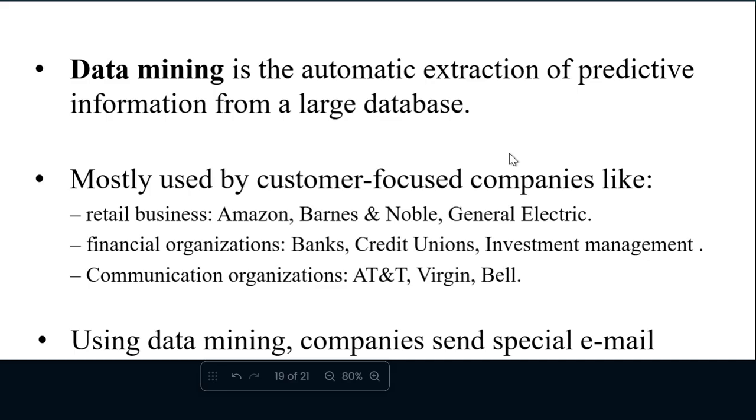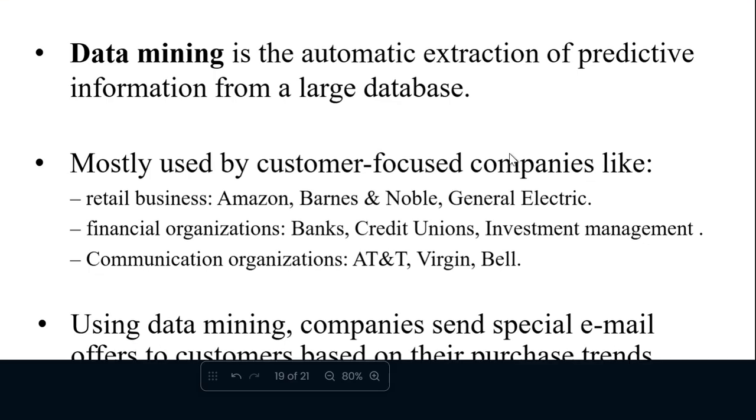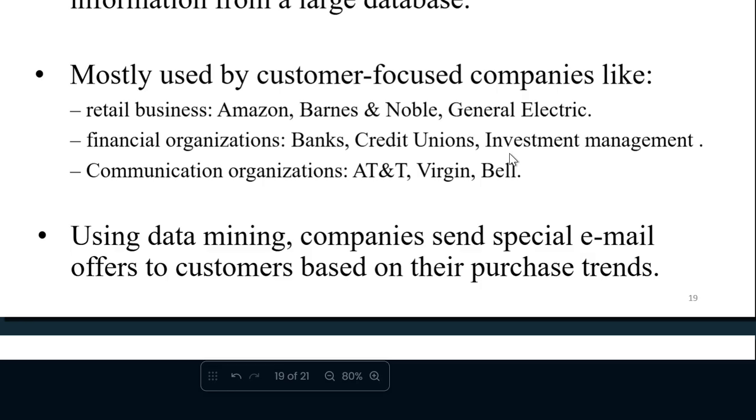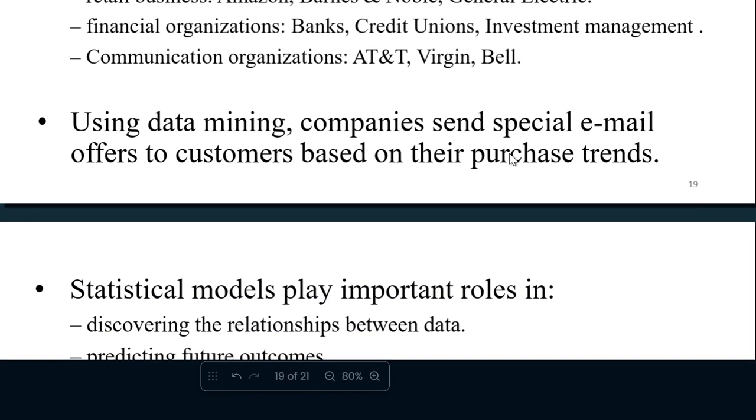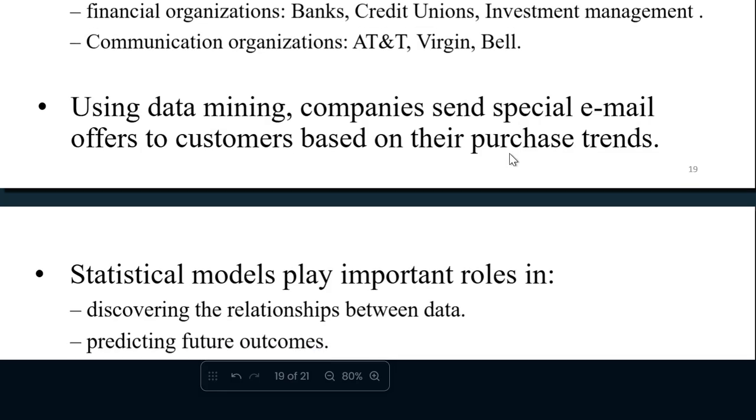For example, if I go on Amazon and I buy a product like, say, a shoe, you will notice that Amazon will automatically recommend other products for you. Financial organizations use big data, and communication organizations also use big data as well. Through data mining, they are able to send you special offers based on your purchase trend.